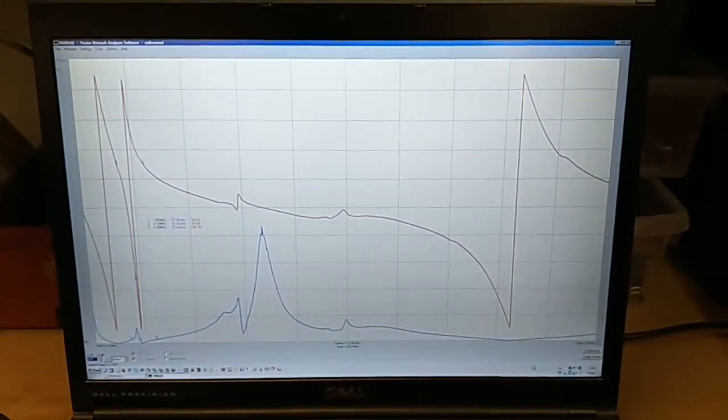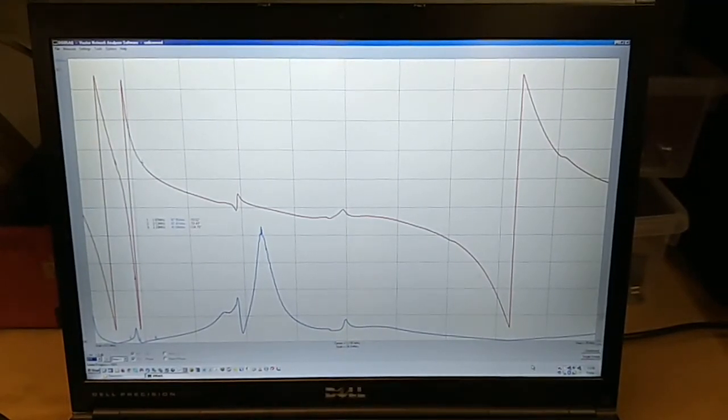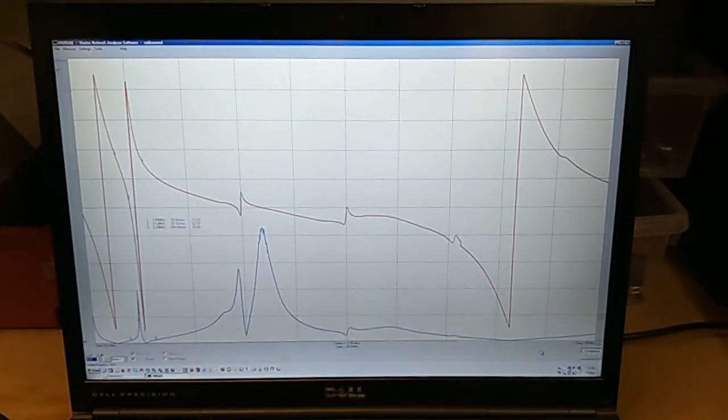Now at the moment I've got everything connected, so as before I'm just going to remove the receiver so we can have a look at the results. Let me just start sweeping. So we go continuous sweep.